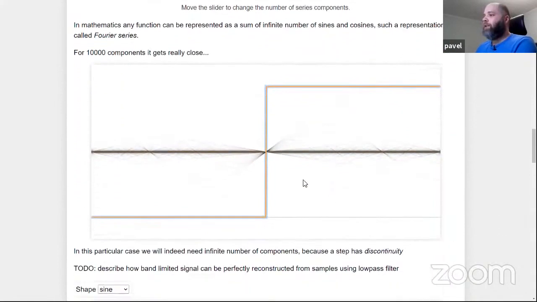And here you can see this approximation with the sum of 10,000 sines. It gets pretty close, but nevertheless, it's not exact. It doesn't represent exactly the initial signal.